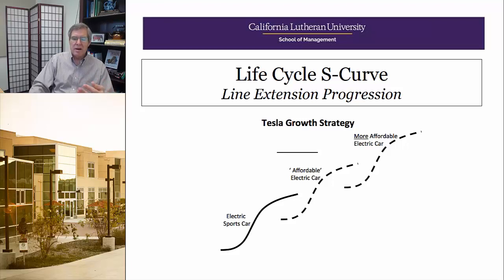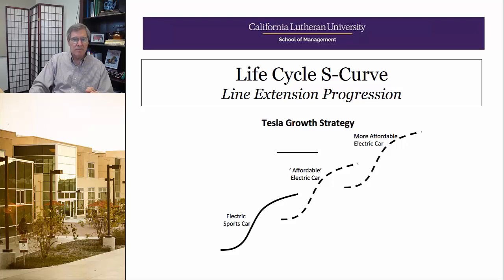They then came up with an affordable electric car, and then finally the new car they're introducing is a more affordable electric car. So this is really just line extensions one over the other. It's not really reinventing anything. It's just line extensions.